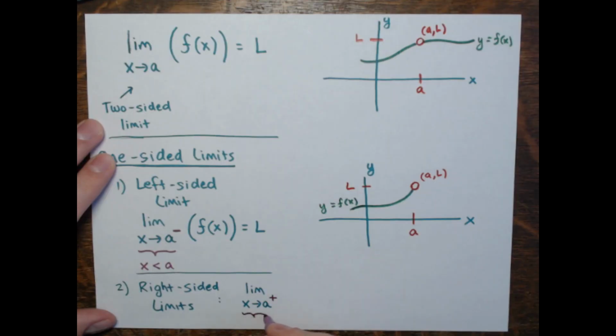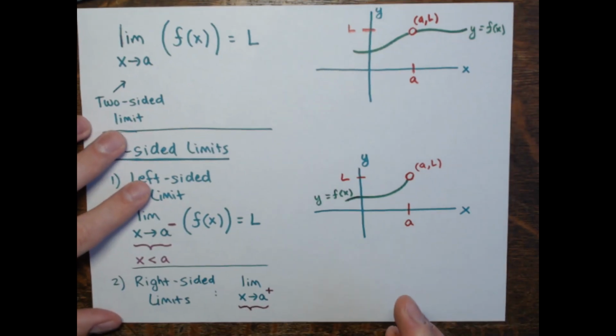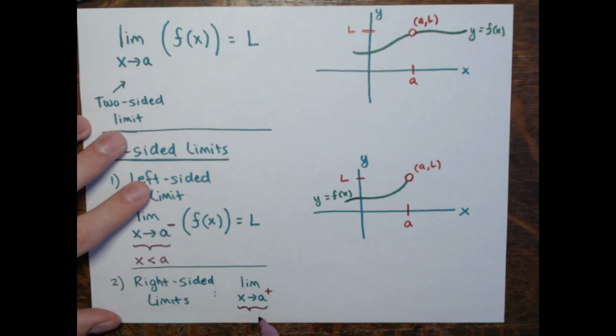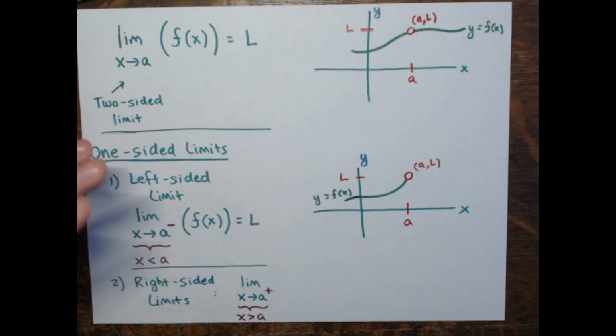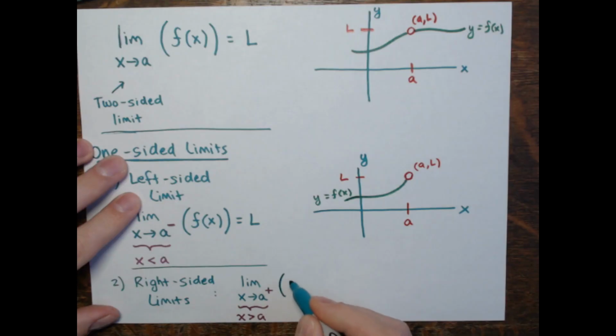All that means is that when you plug in values, if you make a table or look at a graph to see what's happening to some function, you're plugging in values greater than a, to the right of a on the x-axis. The rest of the notation doesn't change: f of some function equals some limit.